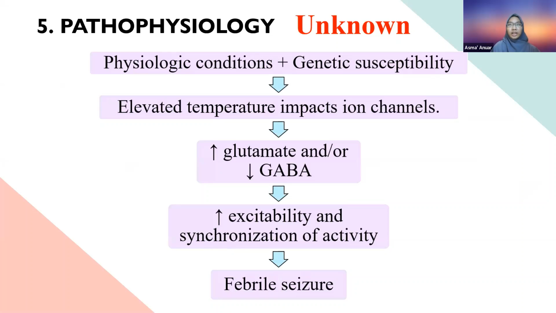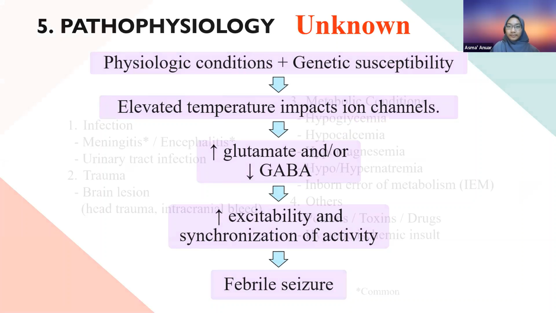As we all know, fever activates our immune response. So when there is elevated temperature, it also impacts the ion channels, and this will increase the excitability and synchronization of the neurons. This hyperexcitation and continuous firing of neurons eventually will lead to the occurrence of febrile seizure.